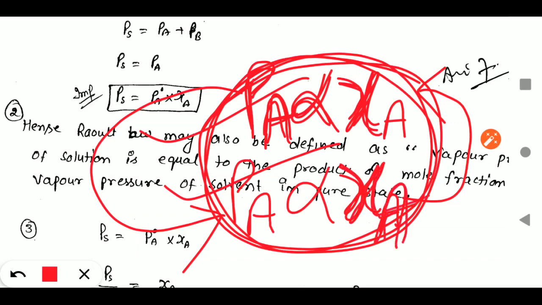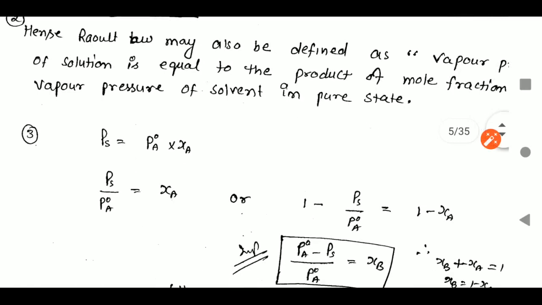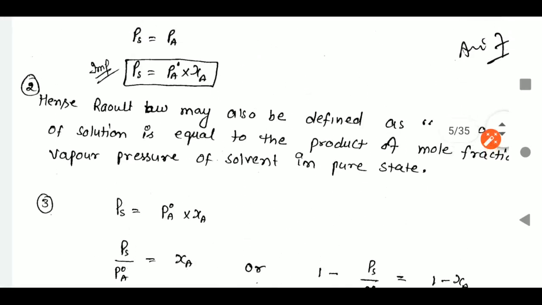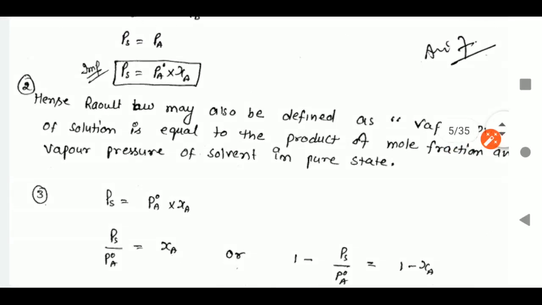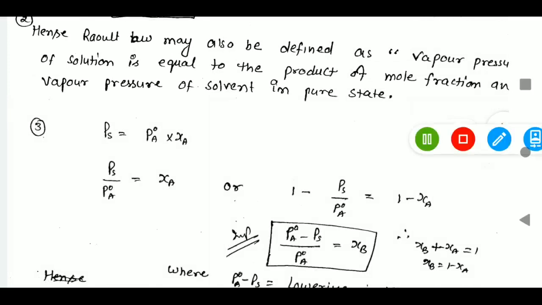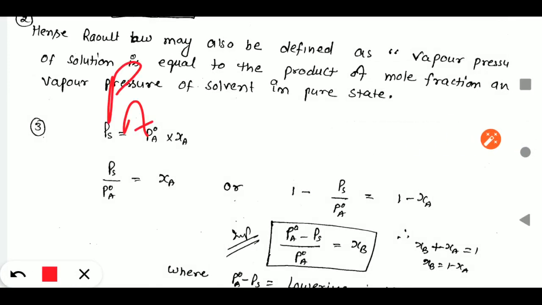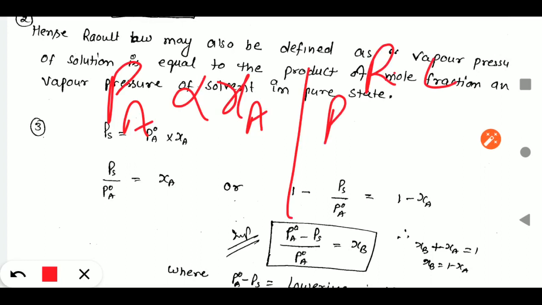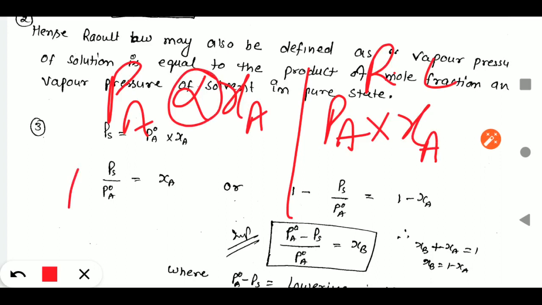Yesterday I told you, but sometimes this may be the question: how does Henry's law differ from Raoult's law? Henry's law states that PA is directly proportional to XA. Similarly, Raoult's law says that PA is directly proportional to XA. But students, when you replace this sign, you get a constant, and this constant will be the Henry constant.